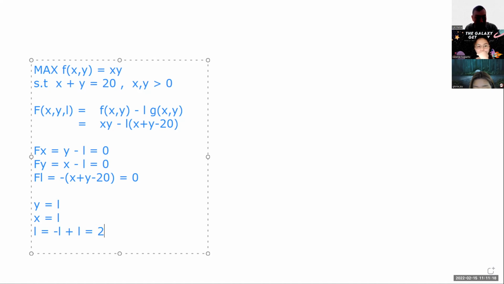That means lambda equals minus lambda plus lambda. You just put it back into the third equation, right?